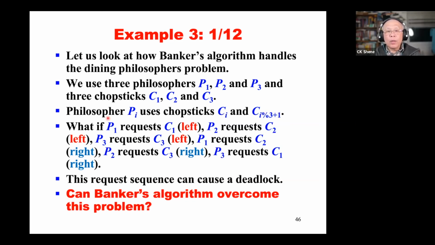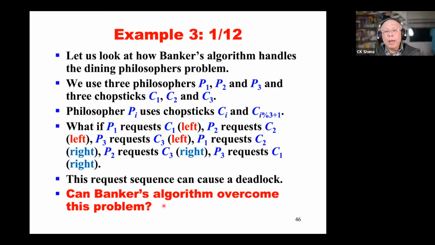You know this sequence would cause a deadlock. That's our first example of deadlock. P1 takes the left, P2 takes the left, P3 takes the left. Then P1 wants to take the right, P2 wants to take the right, P3 wants to take the right. This request sequence will cause a deadlock.